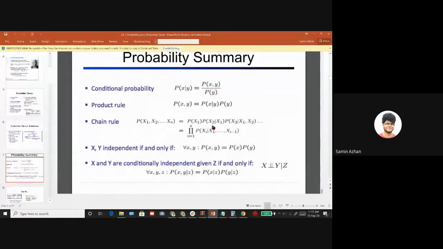And the product rule is if you multiply probability of x given y times probability of y. So both are pretty much the same rule. The first one is called the conditional probability rule, and the second one is called the product rule.